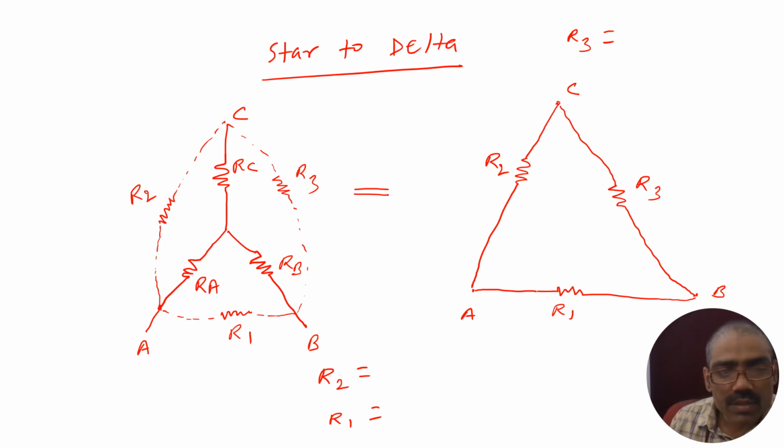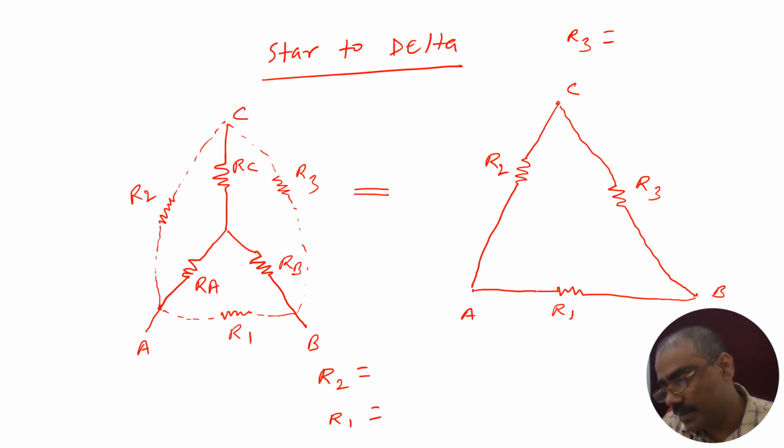Here, first of all, suppose we are trying to calculate the value of R1. We will have to multiply these two resistances, plus multiply these two resistances, plus multiply these two resistances.